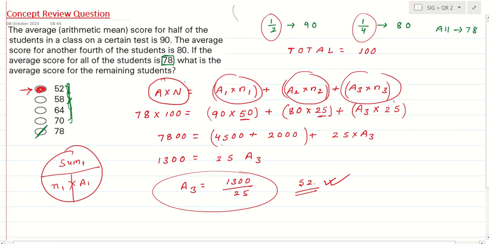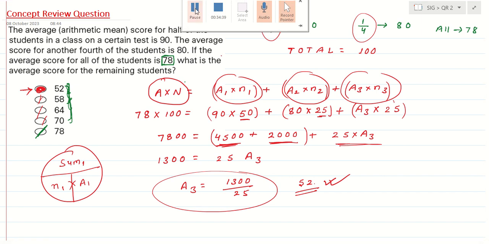What is sum 1 here? 4500. What is sum 2? 2000. What is sum 3? 25 into a3. Exactly the same thing, right? So you can use it. So my answer is 52. Any question?